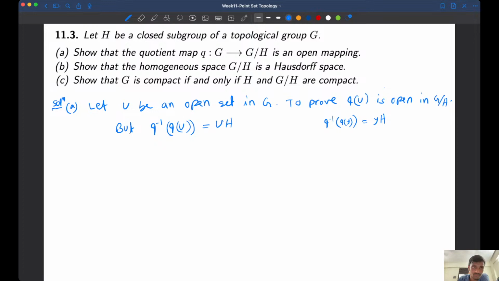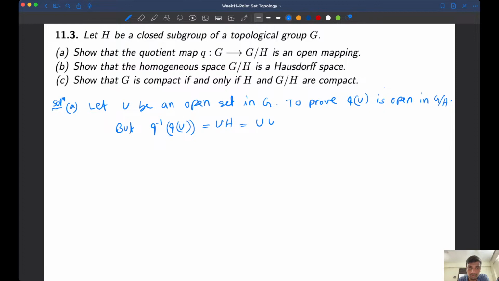So basically this is the union over all h belonging to capital H of Uh, because I want to show this is a union of open sets. So again, right translations are homeomorphisms.